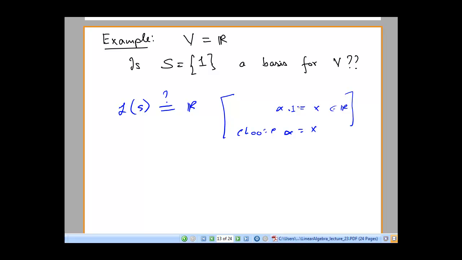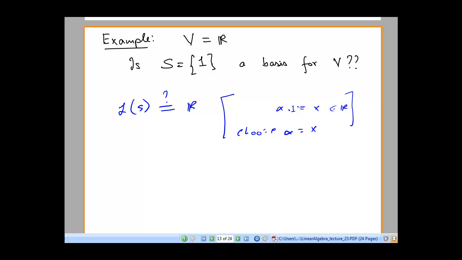Right? So I can reach any other vector in R and write it as a linear combination of 1. Therefore, the linear span of S is the whole of R. So this satisfies one criterion we need for S to be a basis.